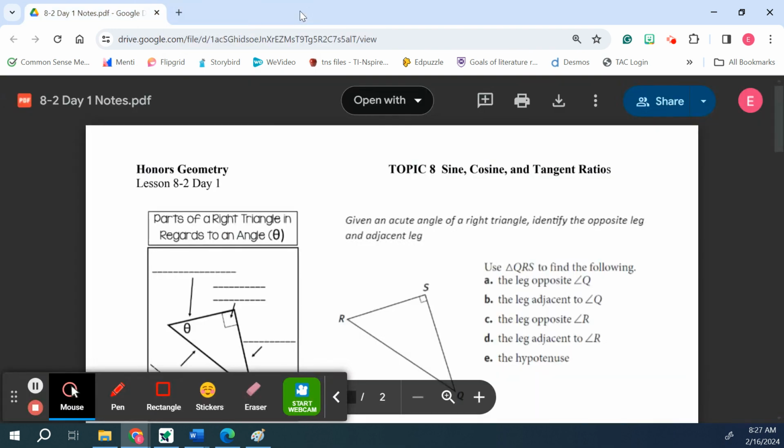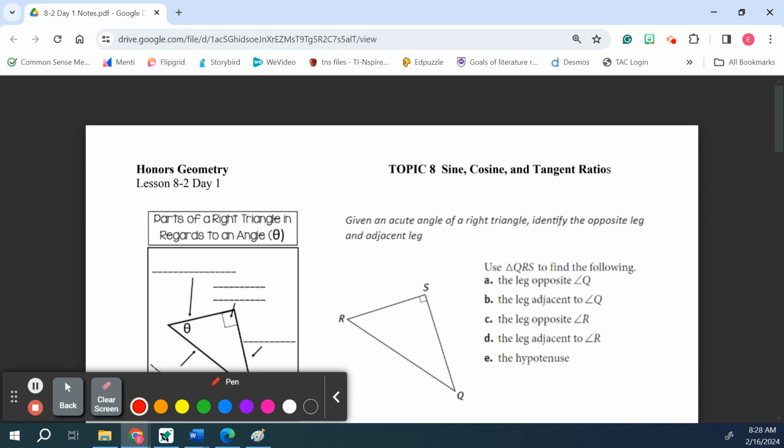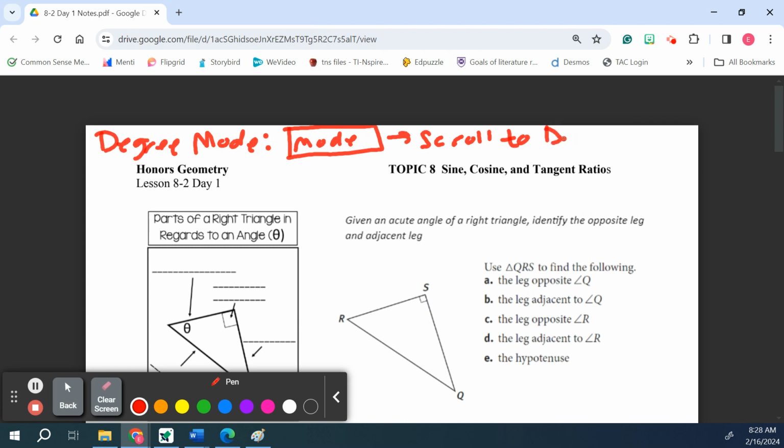Okay. So just to recap here, remember, degree mode. You are going to click the mode button, scroll to degree and then hit enter.